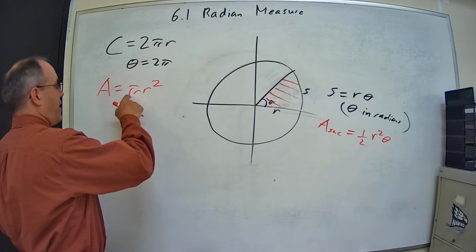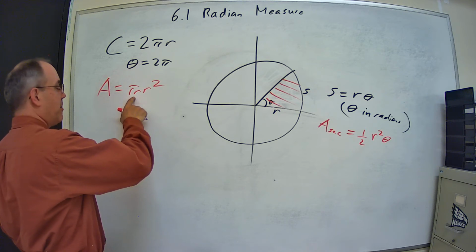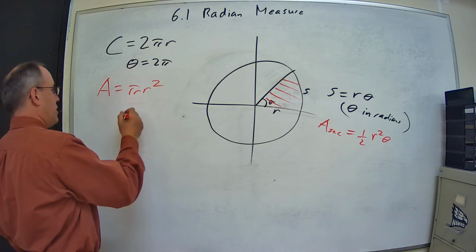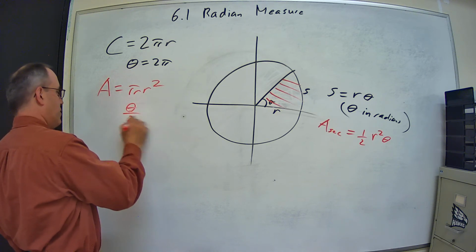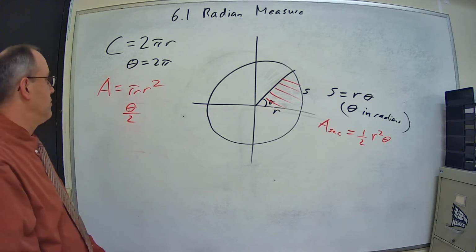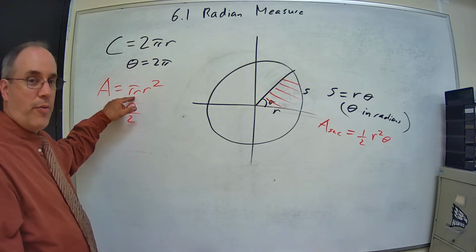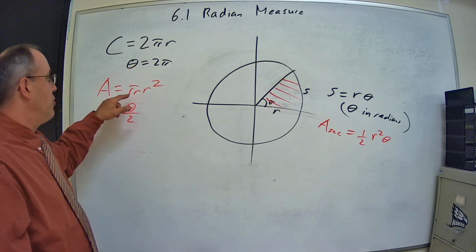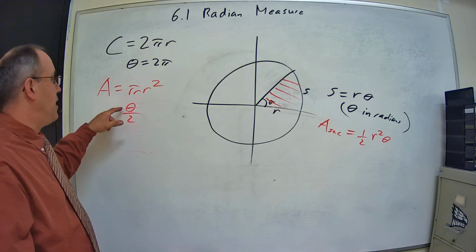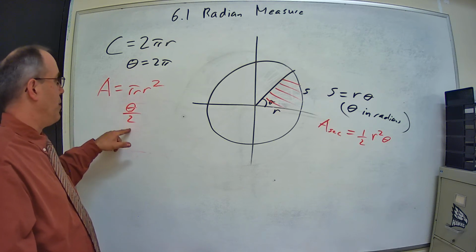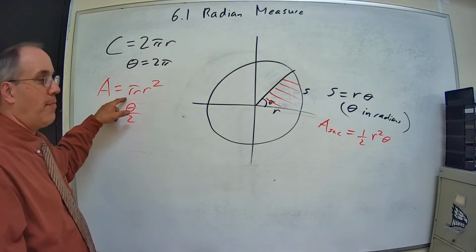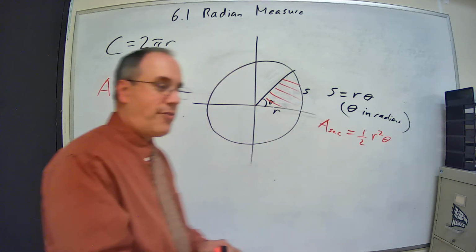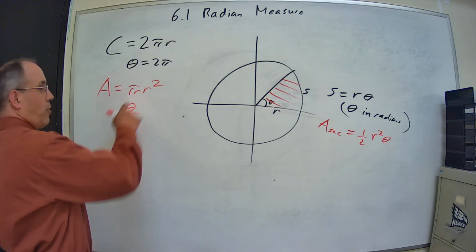So if I came out with pi here, and the number of radians was 2 pi, then this must be theta divided by 2. I know my angle is 2 pi to go all the way around the circle. So if that gave me pi here, then I must be taking theta and dividing it by 2. 2 pi divided by 2 gives me pi. Theta divided by 2 times R squared. So based off the same formula, we could actually say that this formula is based off of that one.